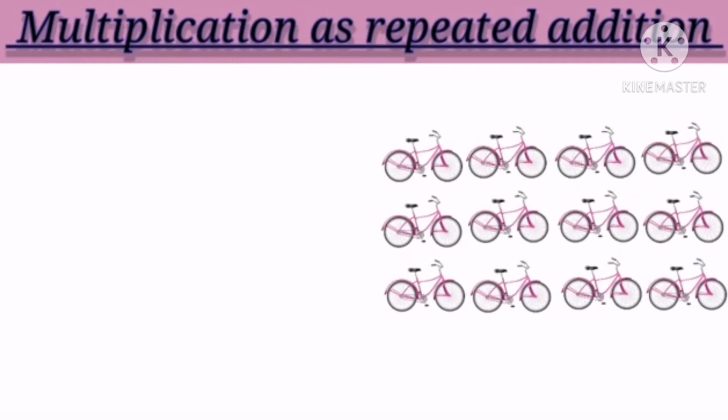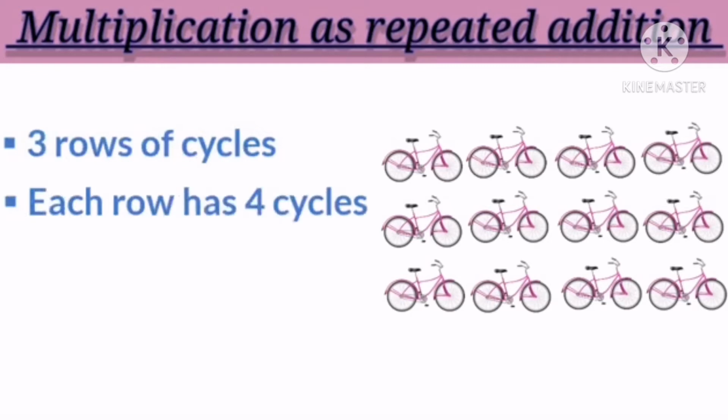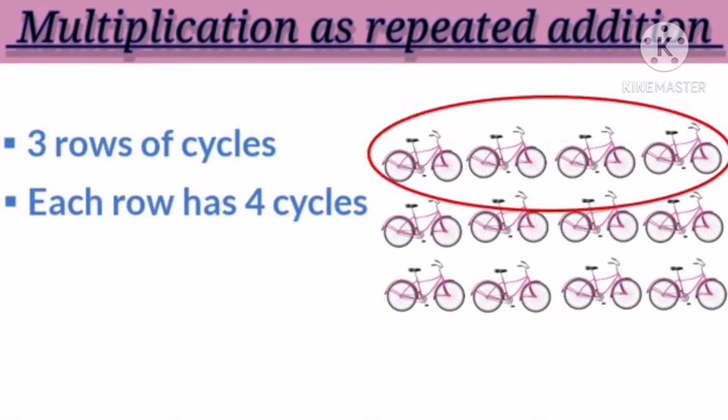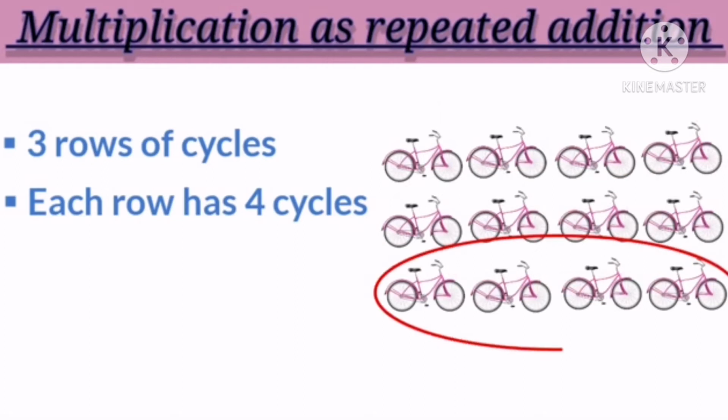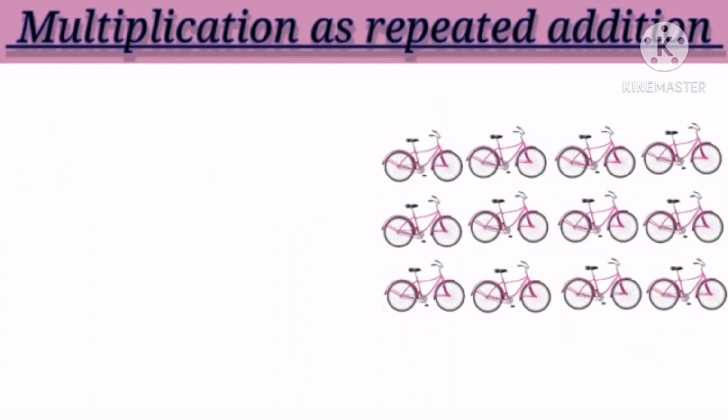We have another example. We have 3 rows of cycles, and each row has 4 cycles. In the first row, we have 4 cycles, in the second row, another 4 cycles, and in the third row, another 4 cycles.